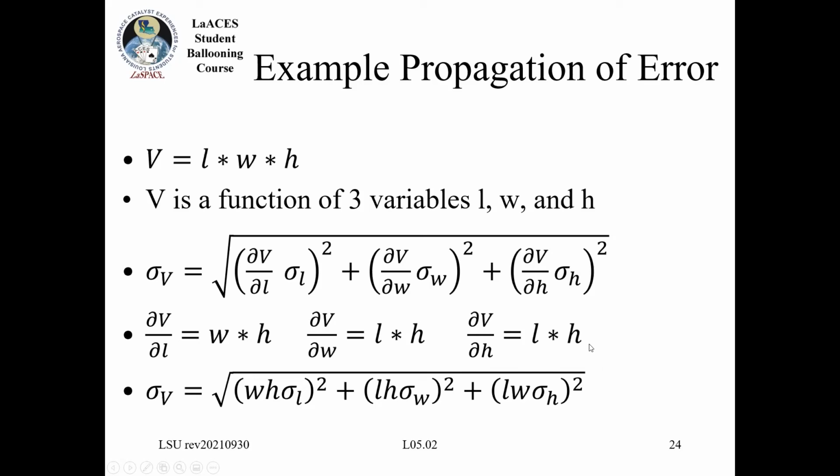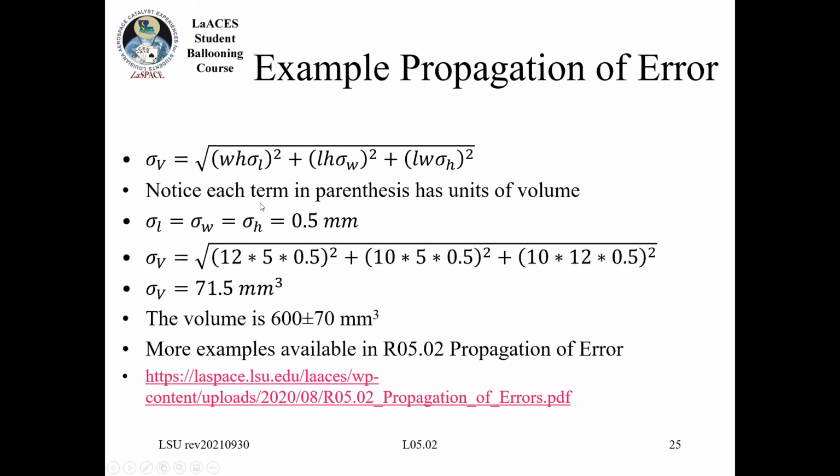This should be length times width on the third one. So if I plug these in, I get an equation like this. So I get the width times the height times the error in the length, right? So this is just a restatement of that equation.